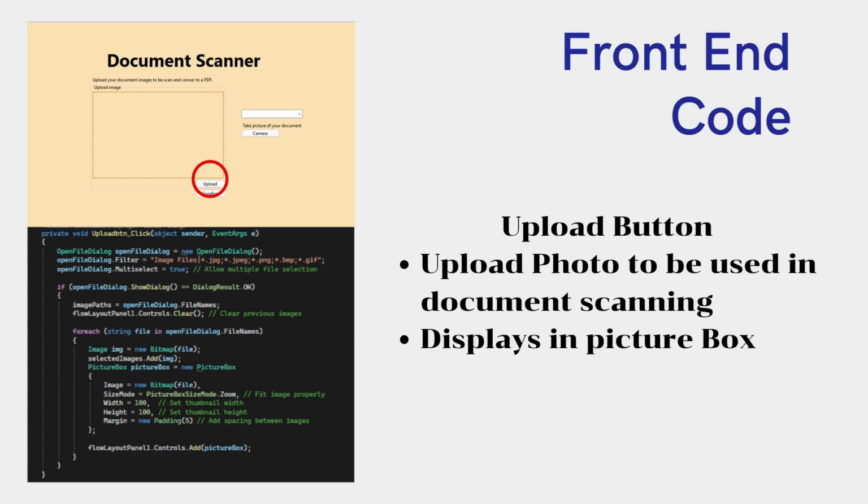The main form is where you upload all your image files. You can upload through the upload button, and you can also upload multiple images at once. You'll also be able to see a preview of your images on our upload form, or main form.